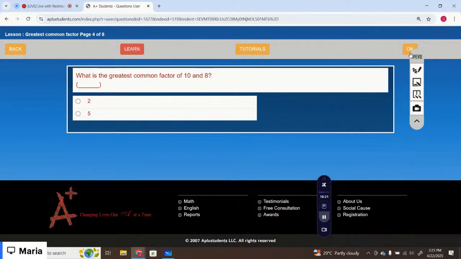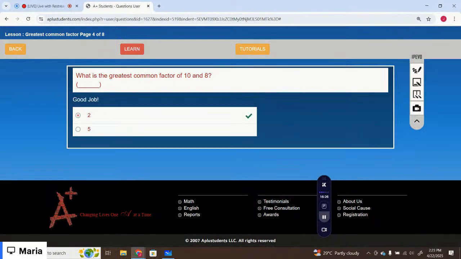Option number 1 is the correct option. 2 is the number that can divide both 10 and 8.